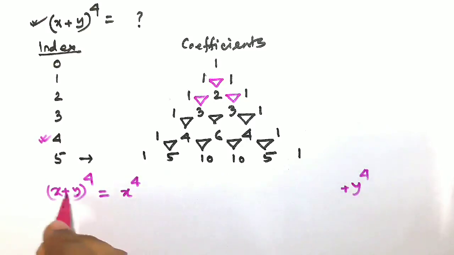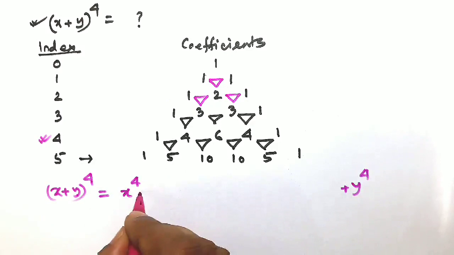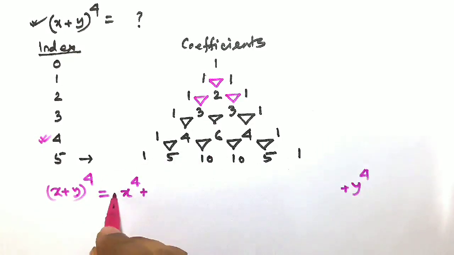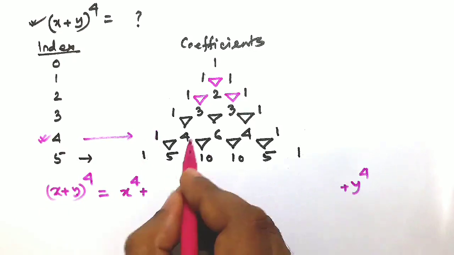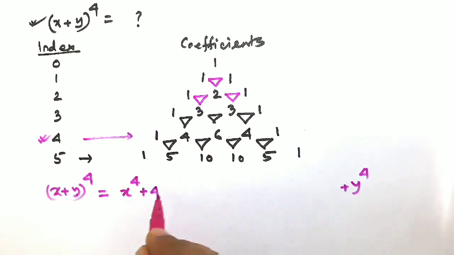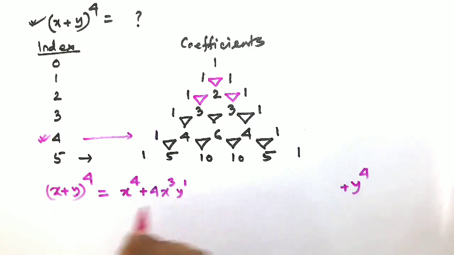Now since this is positive and the index is also a positive rational index, we should follow all the positive signs. So x^4, the next coefficient is 4, so write 4, and the power of x will decrease by 1, that is x^3 into y^1.